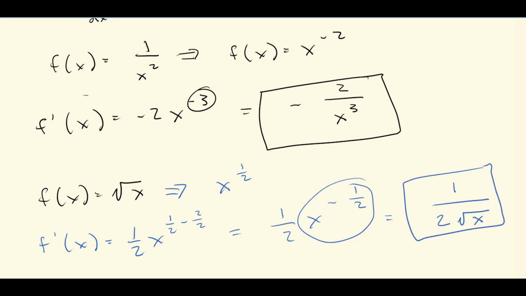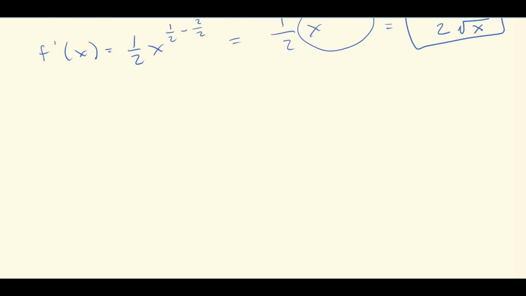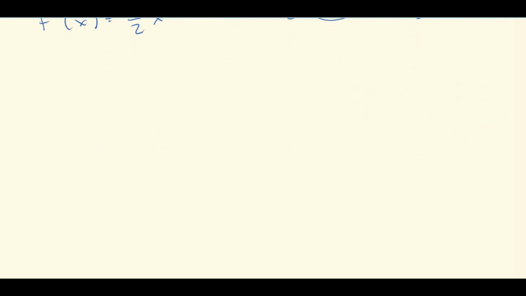Okay, let's look at another one that's a little bit trickier. So let's say we have f of x equal to the cube root of x squared. And we want to find the derivative. So we're going to rewrite this as x to the 2/3.